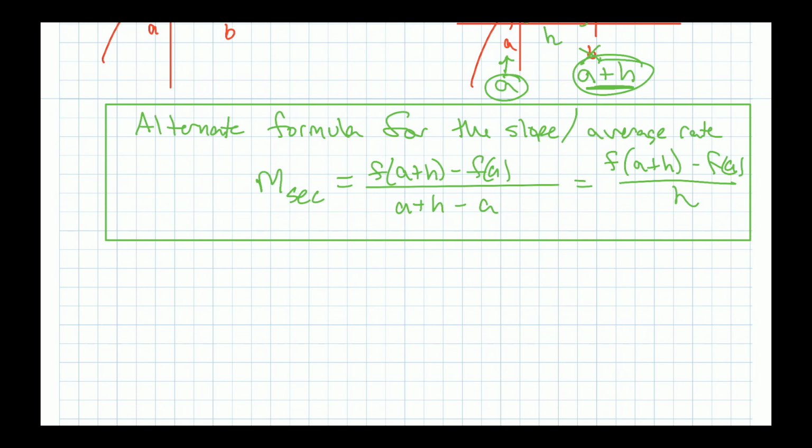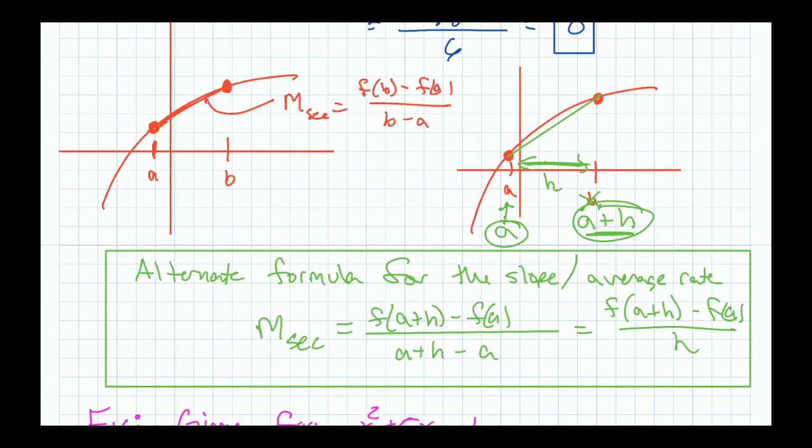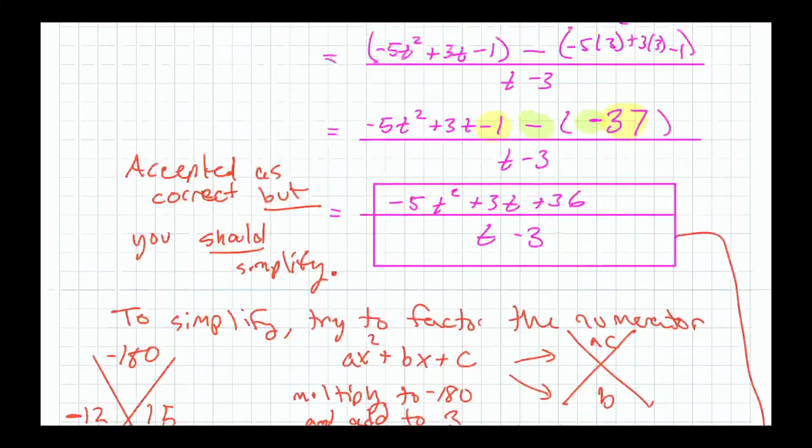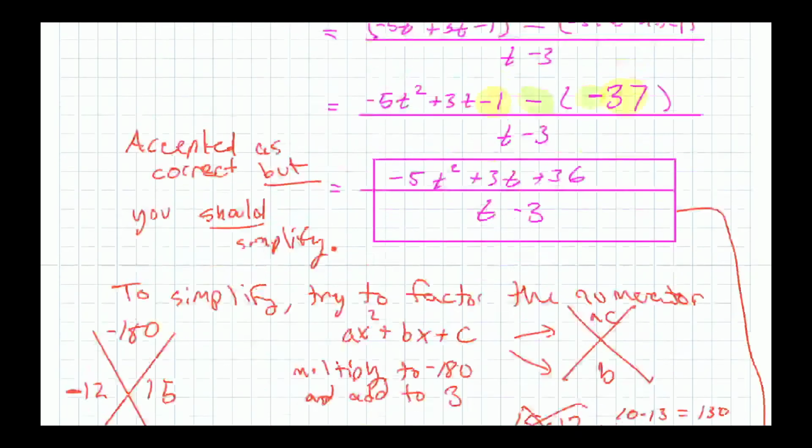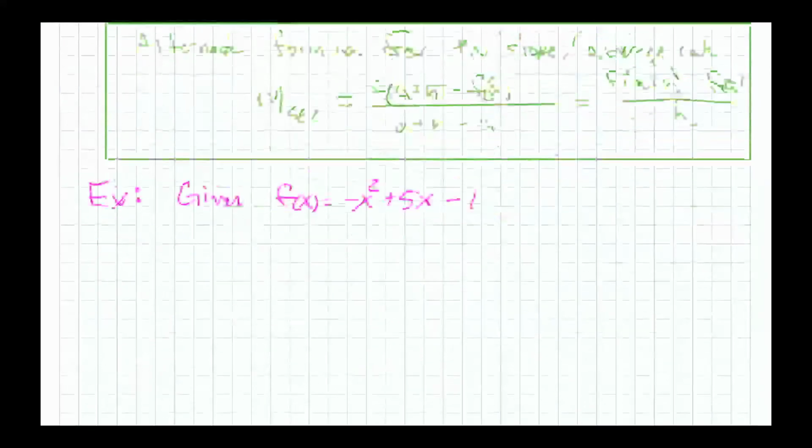So this is going to be a lot like the one that we just did, but I'm going to use this alternate formula here. So given f of x equals negative x squared plus 5x minus 1. That's not the same one, is it? No, because we have 5 this time. Almost the same problem.